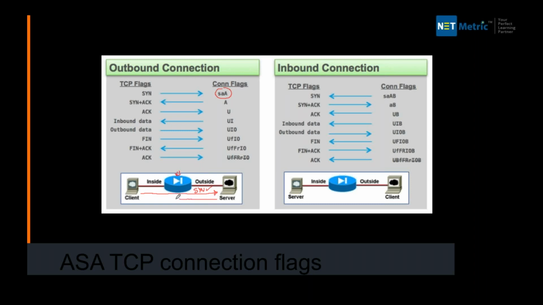If the acknowledgement also comes from the server, that is the second round, it will have the A flag. And when the acknowledgement has been sent by the client towards the server, it will show just U. And when the client actually starts communicating with the server and data is transferred, it shows UIO.